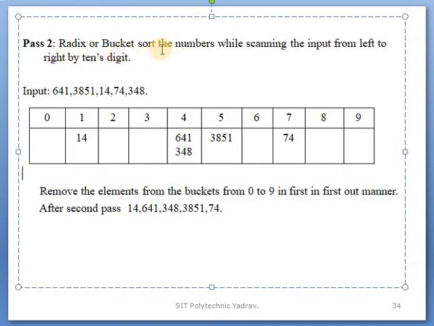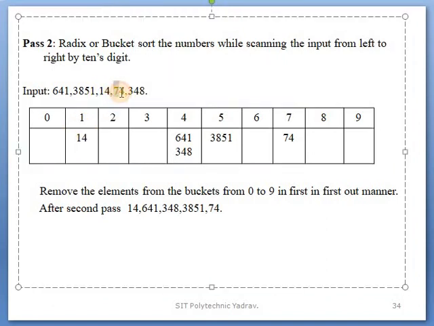Pass 2. Radix or bucket sort the numbers while scanning the input from left to right, using the tens digit. In 641, 4 is the tens position, so write in pocket 4. In 3851, 5 is the tens position, so write in pocket 5. In 14, 1 is the tens position, so write in pocket 1.